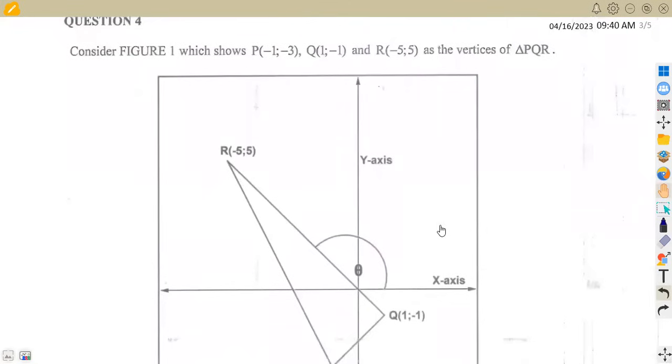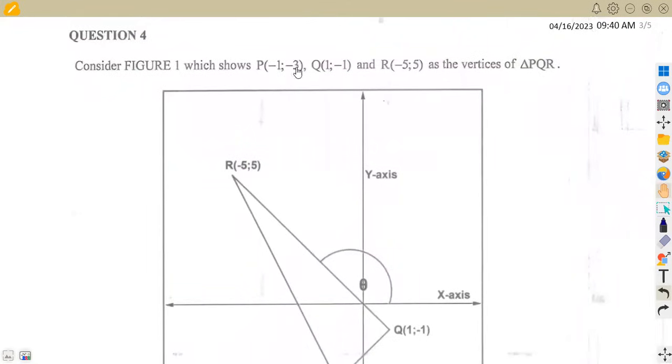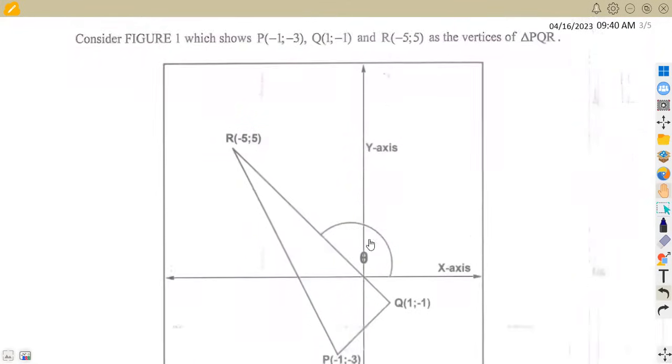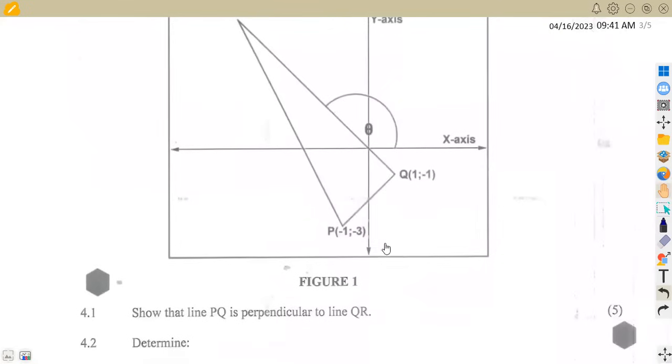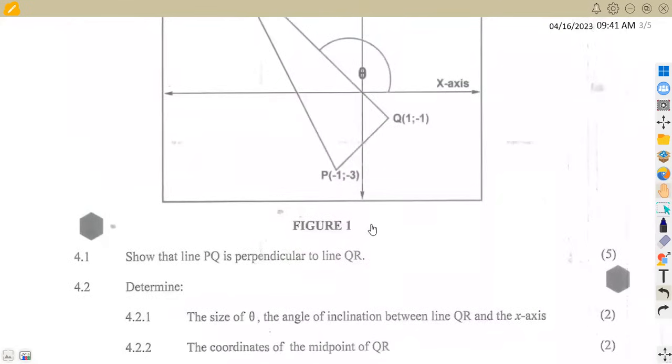Okay, now question 4, we are given to consider this figure. I think we talked about this information. So the question 4.1 was to show that line PQ is perpendicular to QR.